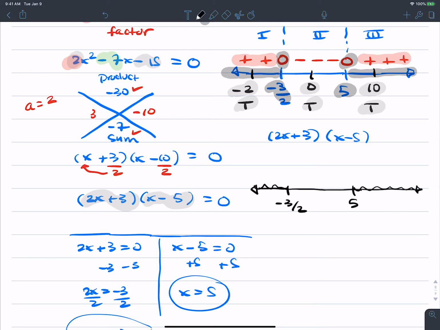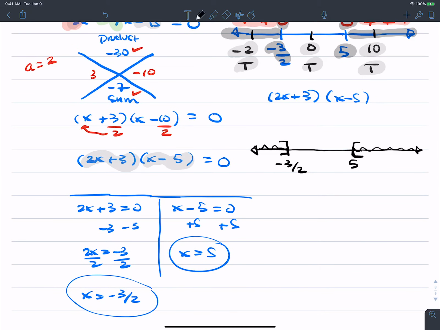Since it includes 0, we put a square bracket here. So this is the graph. This describes numbers that are, if we go back over here, let's look at this. Numbers that are less than or equal to negative 3 halves, or numbers that are greater than or equal to positive 5. X such that this gives me my domain.